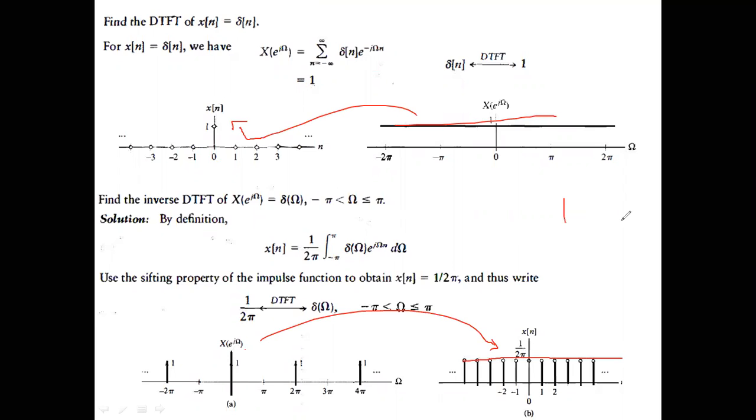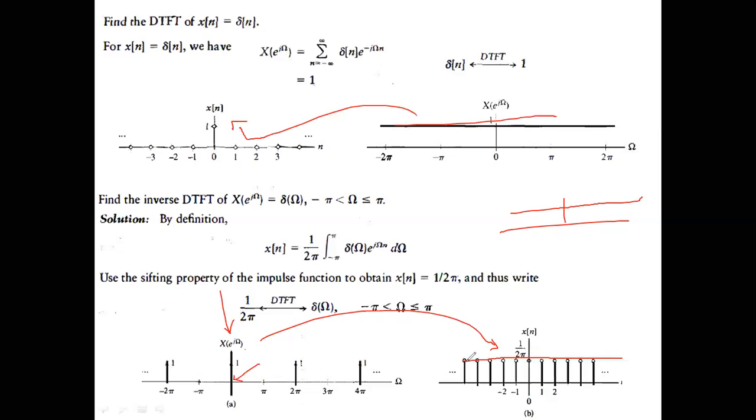Remember, you simply turn on the light and you can see this is just a constant voltage. What does this constant voltage indicate? What is the frequency of this? The frequency of this is 0. So we keep telling that the DTFT is the frequency domain representation. Now since this impulse is occurring at 0, this is what it indicates.